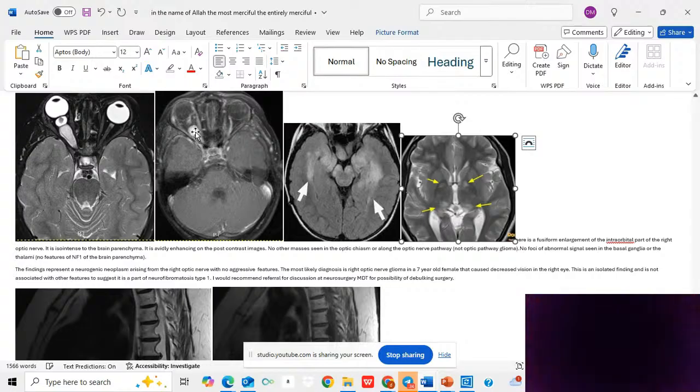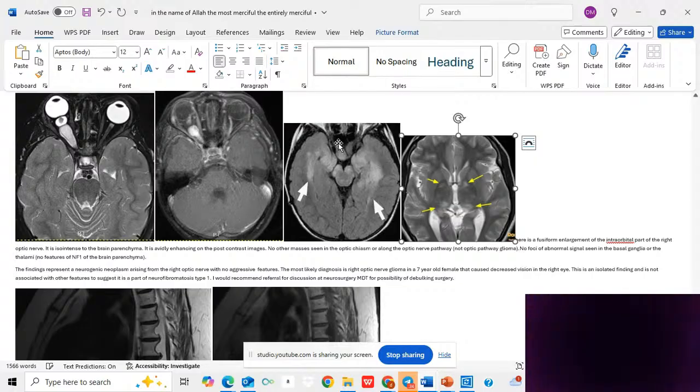Okay. Here on the MRI images, you need to check that there is no intracranial extension of this mass. There is no intracranial extension as seen here.